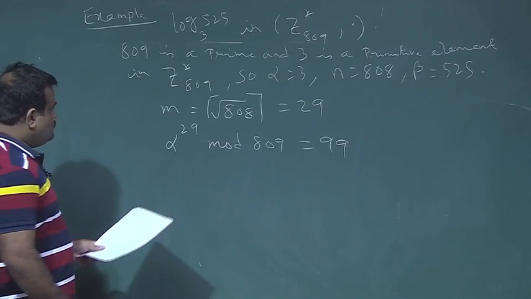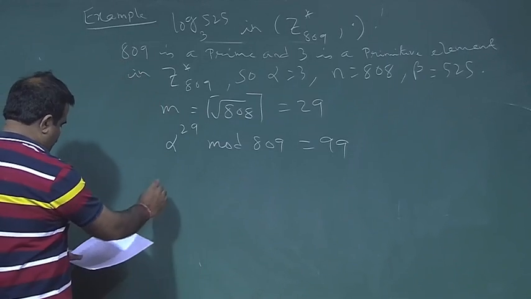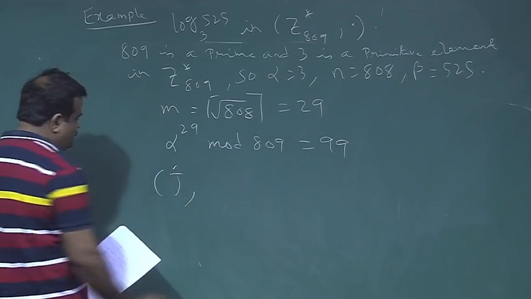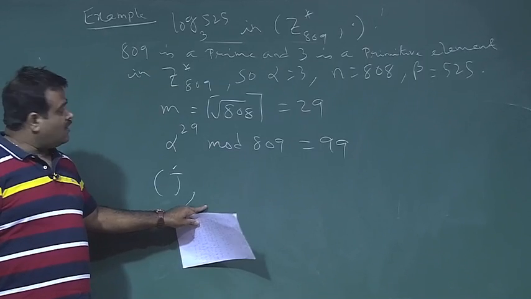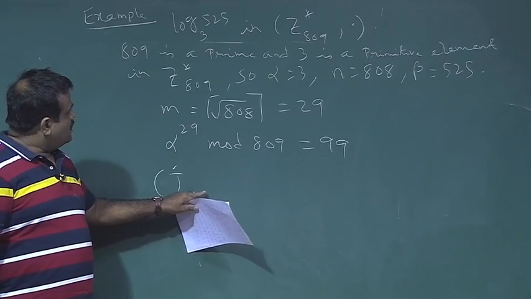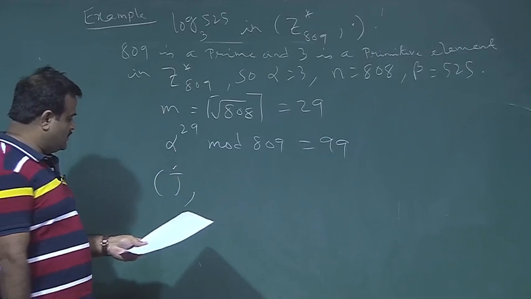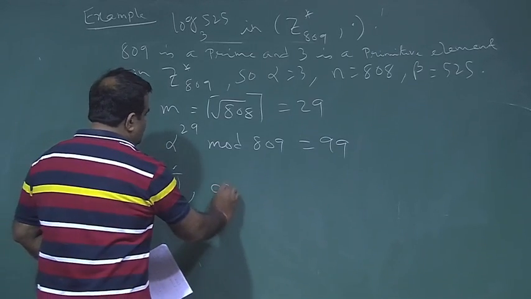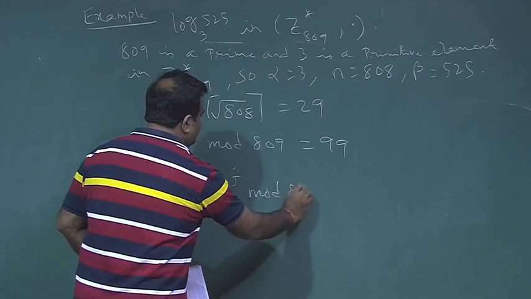To prepare the list L1 we have to calculate the pairs j, alpha to the power m into j, basically 99 to the power j mod 809.